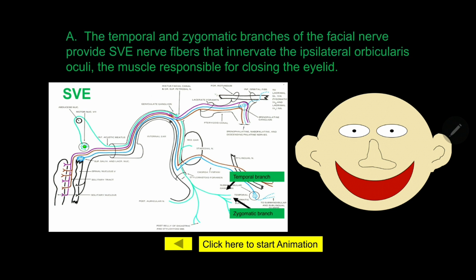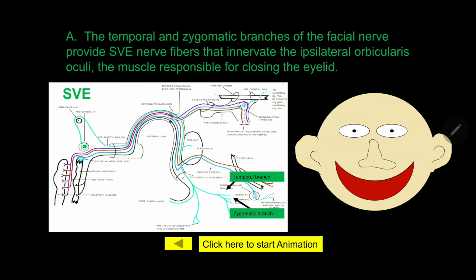The muscle I am going to discuss is supplied by the temporal and zygomatic branches. Remember, the temporal and the zygomatic branches of the facial nerve provide special visceral nerve fibers that innervate the ipsilateral orbicularis oculi, the muscle responsible for closing the eyelid, the upper portion by the temporal branch and the lower portion by the zygomatic branch.